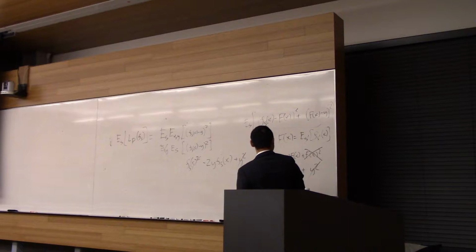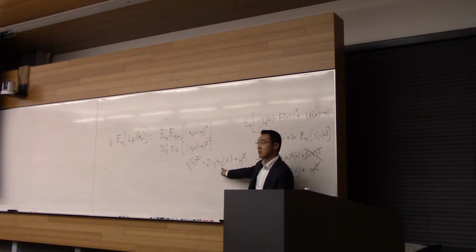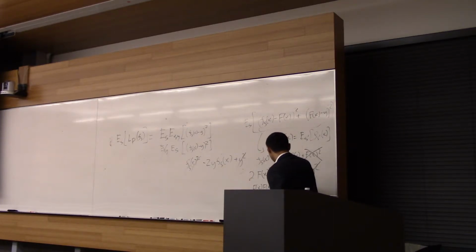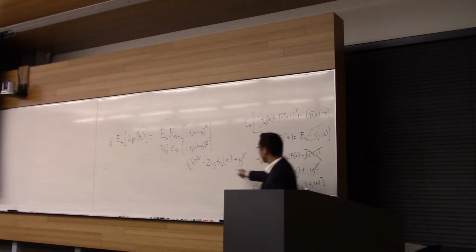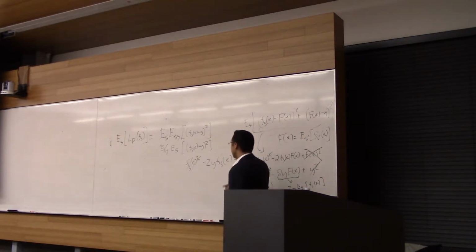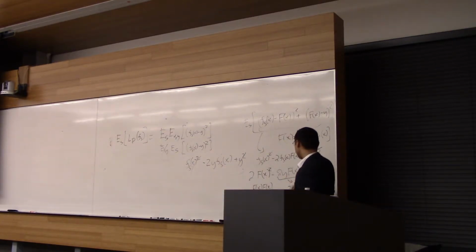So this guy is equivalent to this guy. They're actually equal, because this is literally 2y times the expected value of s. And by linearity of expectation, I can just move this expectation in and out. Doesn't matter. So these two things are equivalent.